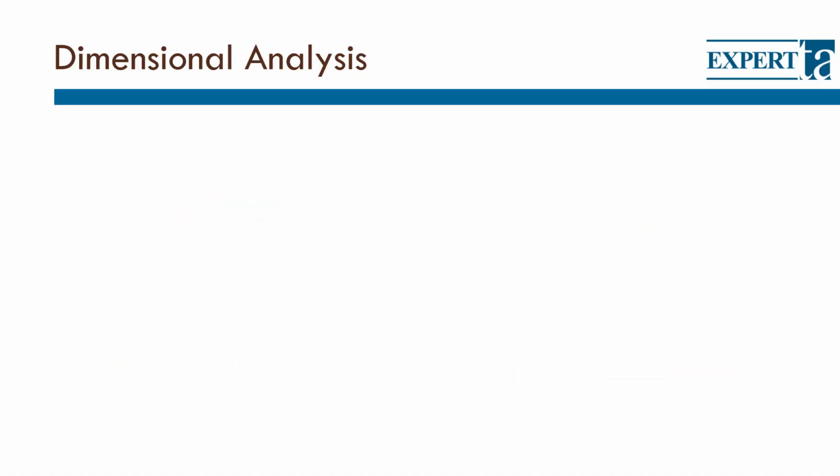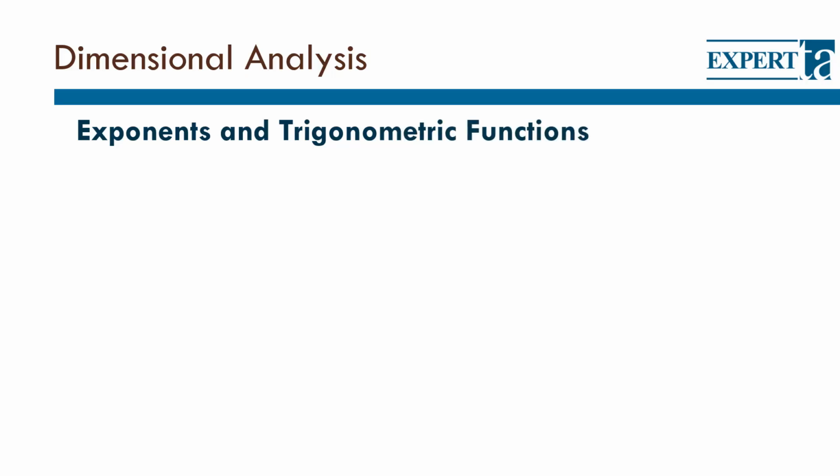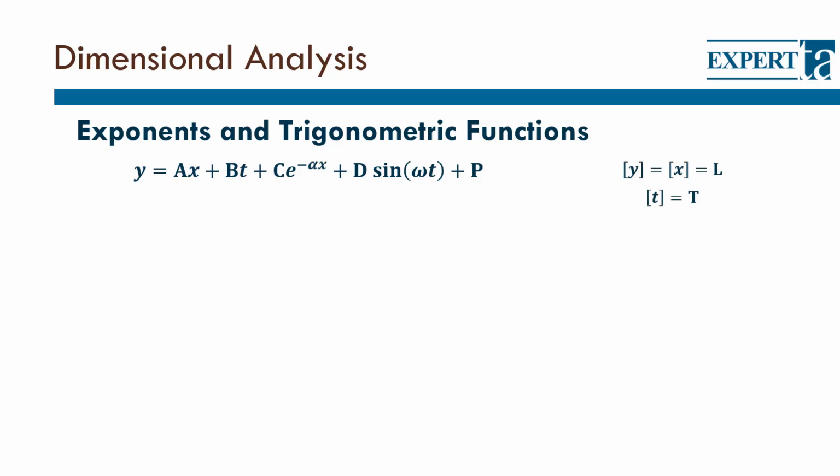Alright, now let us look at a more complicated equation that includes exponents and trig functions and all that. Let's say y is ax plus bt plus c e to the negative alpha x plus d sine of omega t plus p. Let's say that we are given that the dimension of y is the same as the dimension of x, and they're both equal to L, and the dimension of t is T, time.